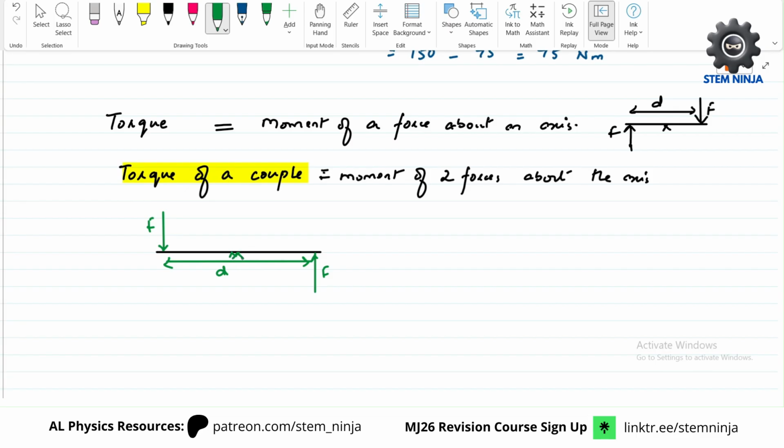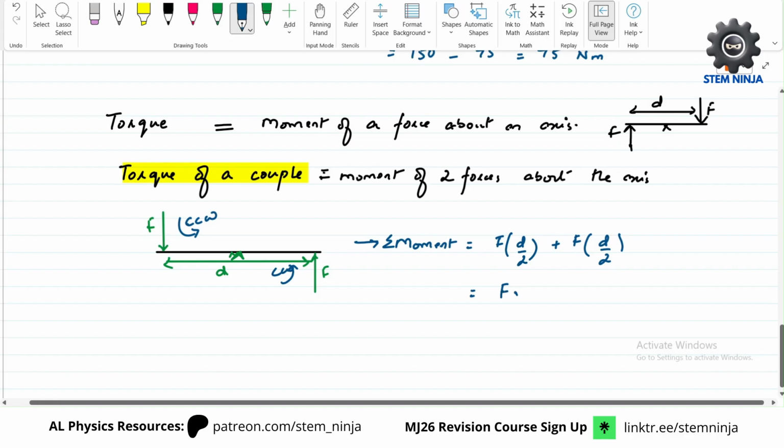Exactly in the middle is your pivot. This is causing anti-clockwise, counterclockwise, and this is also causing counterclockwise. So the sum of moments would be F times d by 2 plus F times d by 2. Notice what this adds up to: simply F d. So that's why we simply call it the torque of a couple.